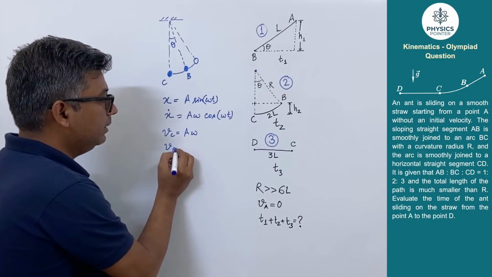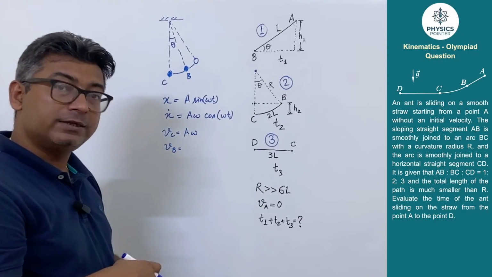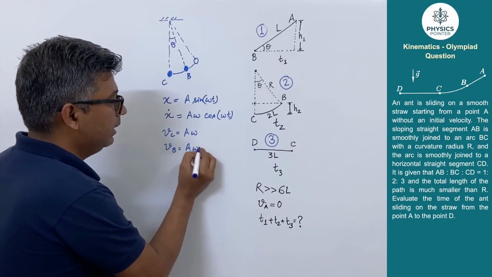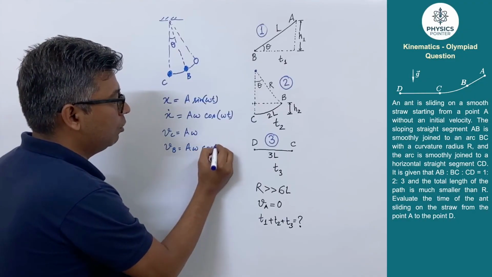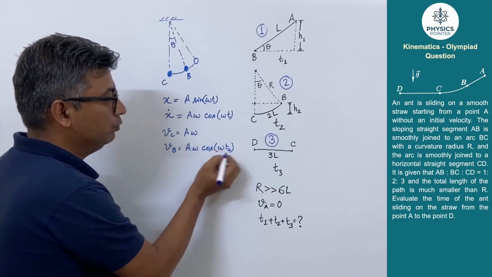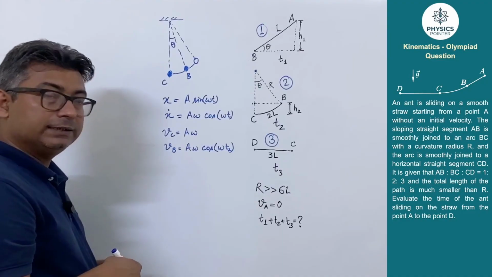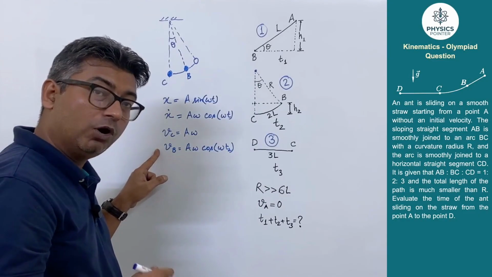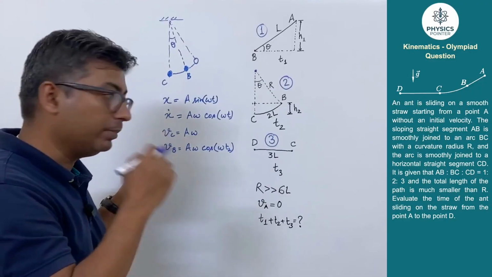For Vb, I know the time taken is t, which is t2 in this case. So I will simply say a omega cos of omega t2. Now, I just said, remember that Vc by Vb was root 2, or Vb by Vc is equal to 1 by root 2.